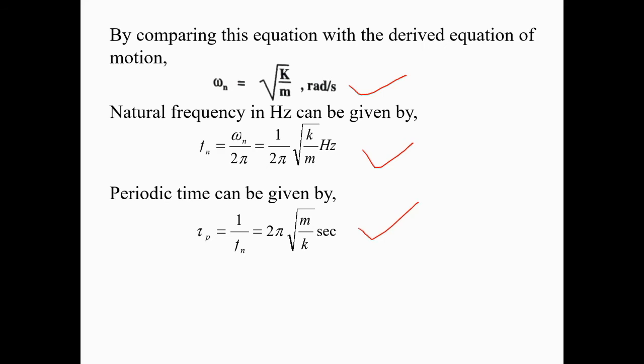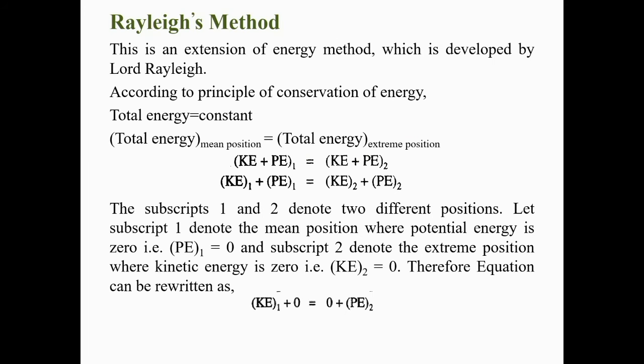So in the energy method we have used the law of conservation of energy. Now there is another method which is also based on the law of conservation of energy, that is, total energy remains constant.